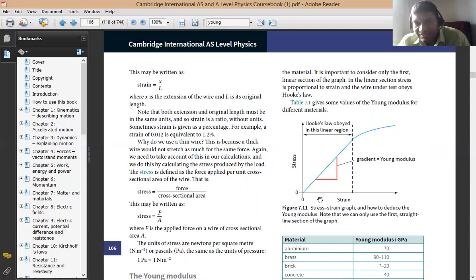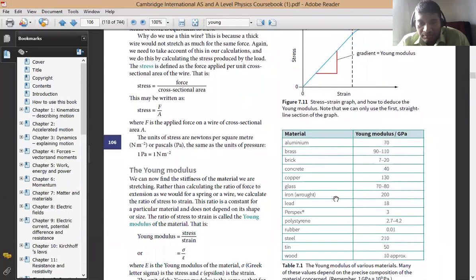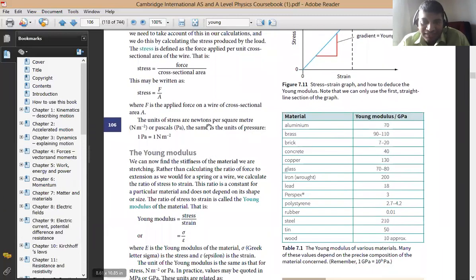Just as with the extension graphs we used to draw, when a spring doesn't revert to its original position, we say Hooke's law is not obeyed beyond that point. The same thing applies here. In the linear region, Hooke's law is obeyed. That is the understanding we need to have about Young modulus.